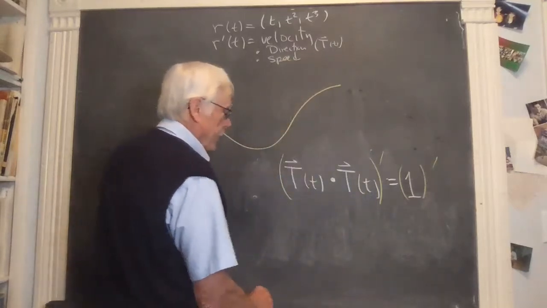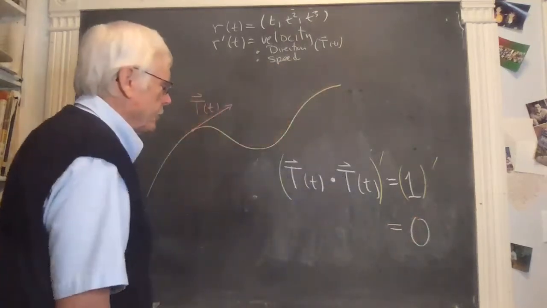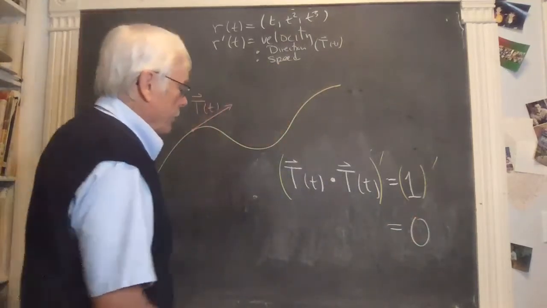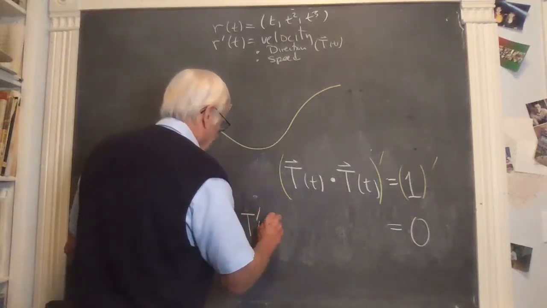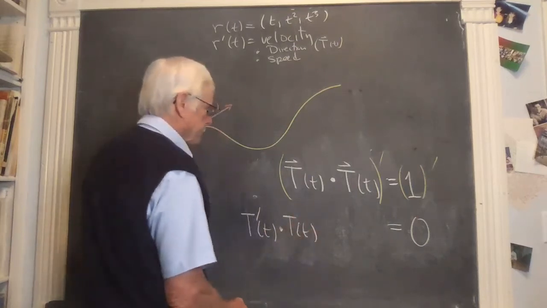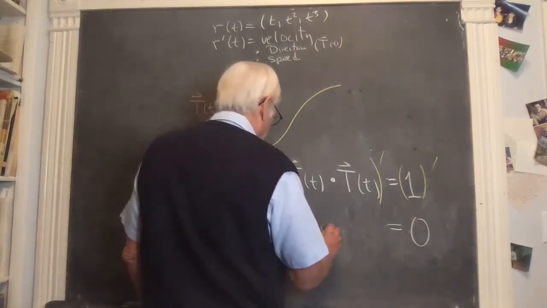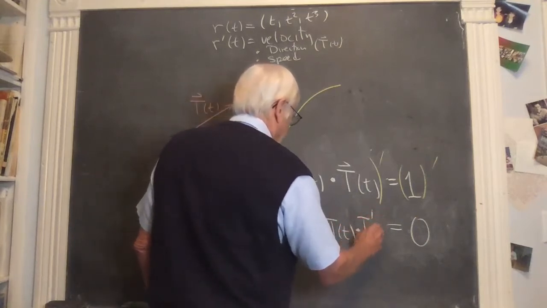The derivative of the right-hand side is 0 because it's a derivative of a constant. The derivative of the left-hand side is the derivative of the first, T prime of t, dot the second, T of t, plus the first, T of t, dot the derivative of the second, T prime of t.